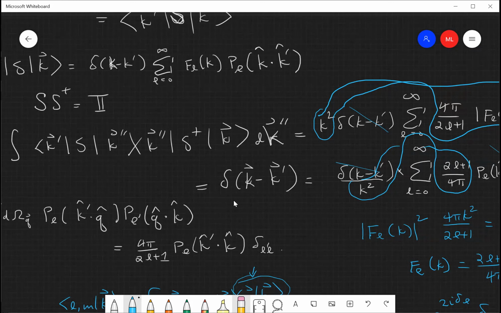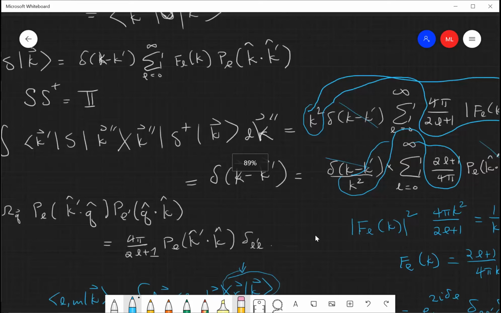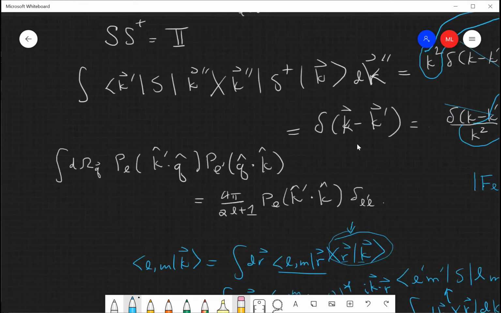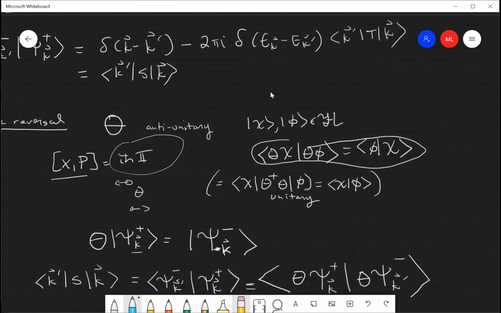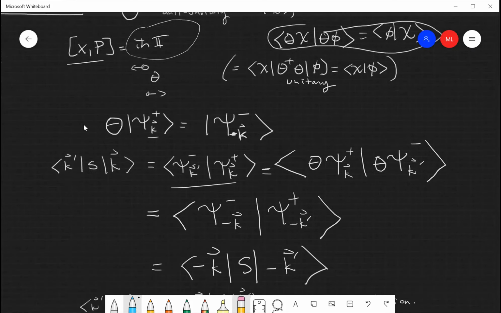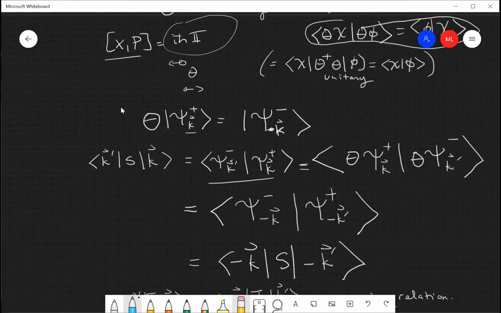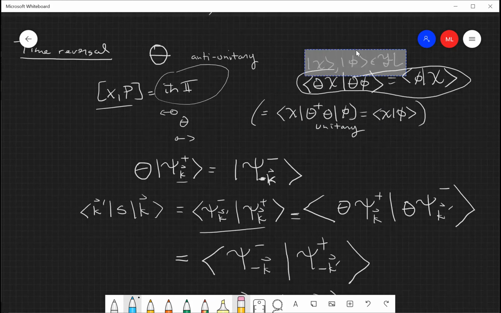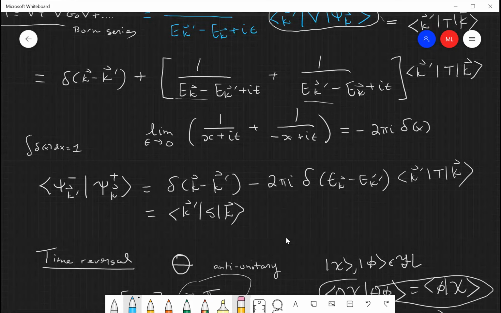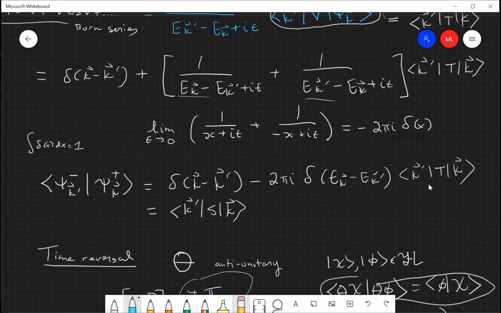So hopefully that's the point of the section, to show you that there's a general structure to scattering, and it's captured by the S matrix. Essentially, it connects all the different pieces of scattering together. It tells you, first of all, how the time evolution piece is related to the stationary solutions, which are these psi plus and psi minuses. It also tells you how that is related to the T matrix, which you would use when doing the Born approximation, because at leading order you can replace T with just the scattering potential.